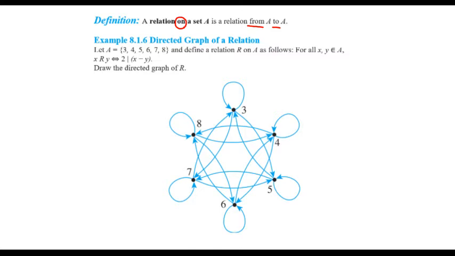For example, if A is a set including integers 3, 4, 5, 6, 7, and 8, and if R is a relation on set A, which is defined in the following way: for every x and y belonging to A, x is related to y by R if and only if x minus y is even, or 2 divides x minus y. So for this relation, we can draw the following directed graph.